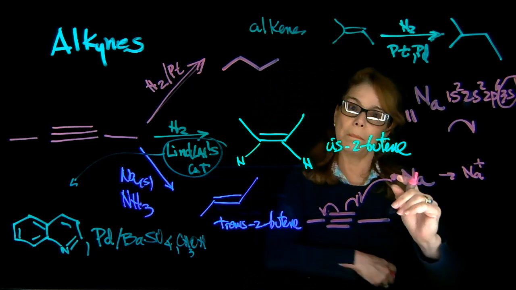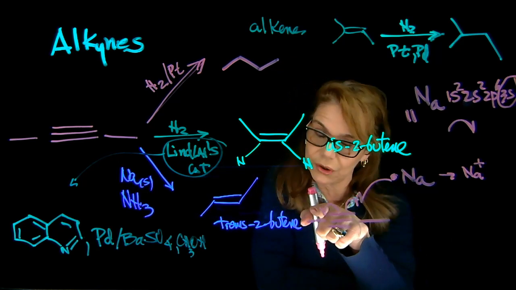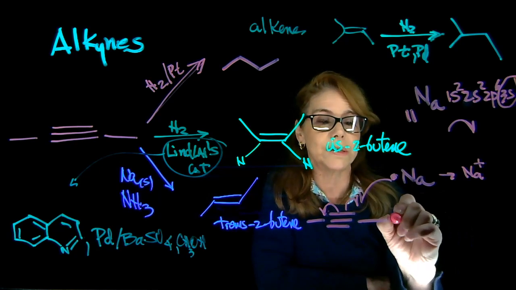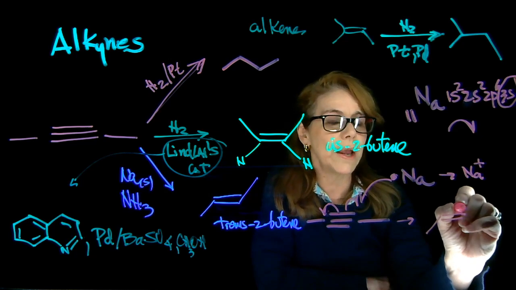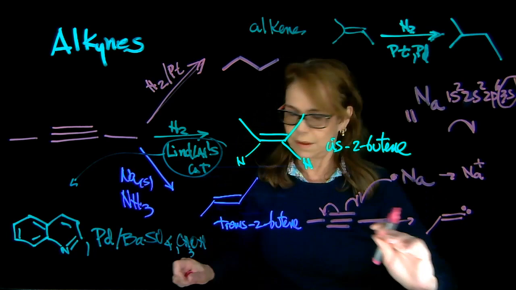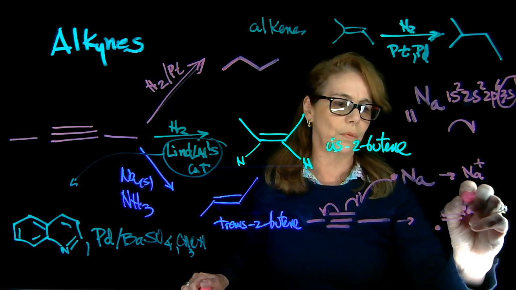But notice if you create an anion here and a radical here, you will have electrons and they do repel each other. So the best way to have that is to put the electrons away from each other. So if you have that, I'm going to draw those with orbitals.